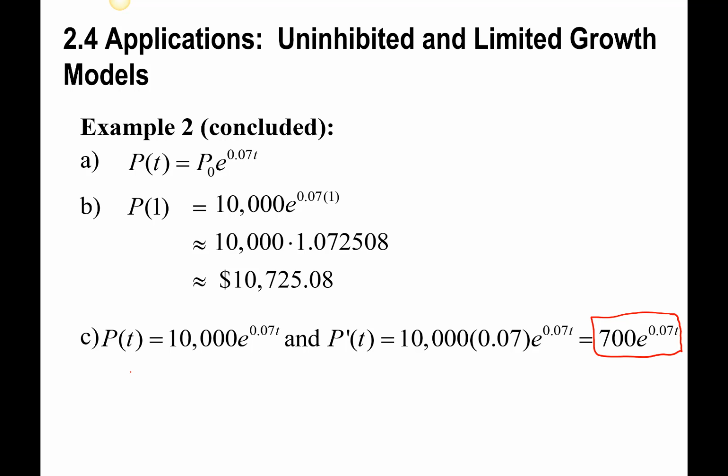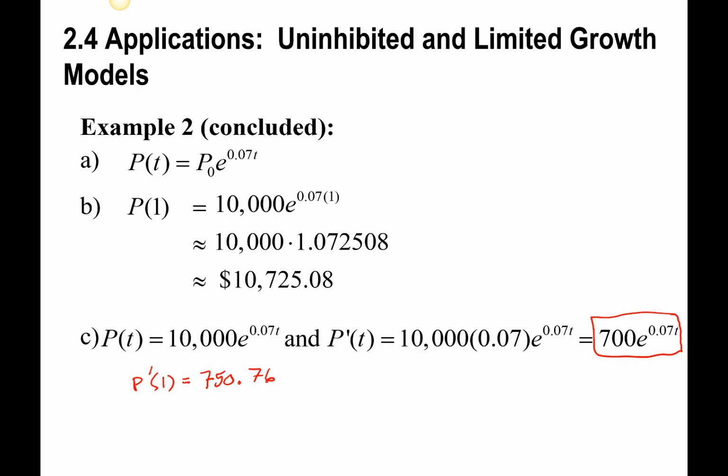And what this gives you then is P prime at 1 is equal to 750.76. Okay, so there's the derivative. You figured it out.